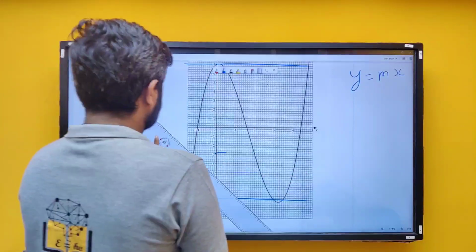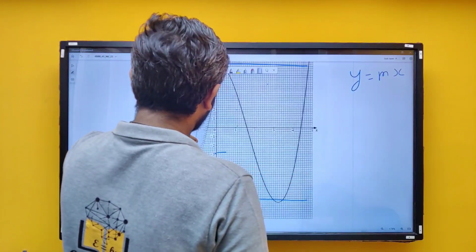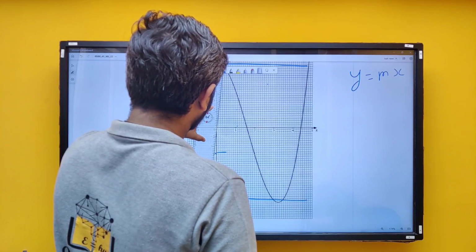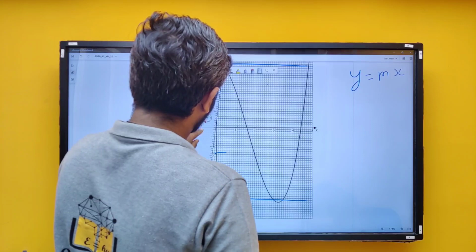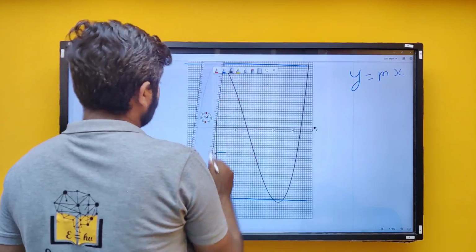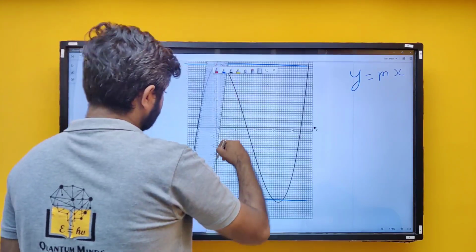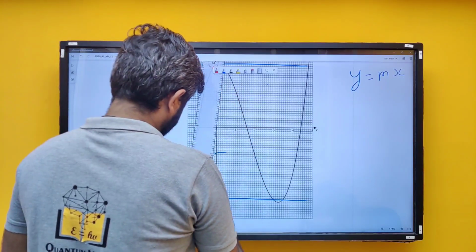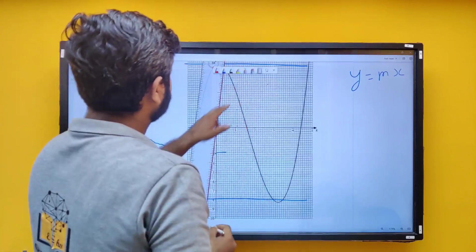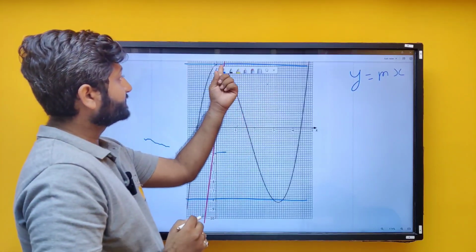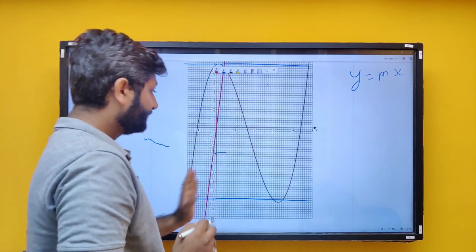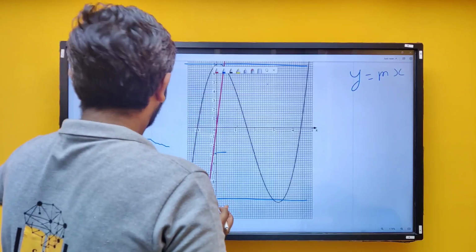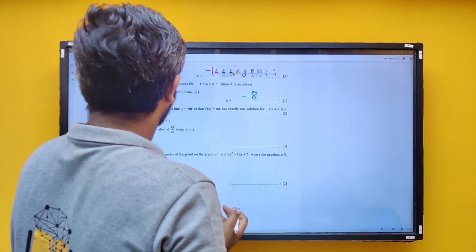Let me draw a line with one solution that passes through the origin. Right, this is my line, y equals mx. See, it intersects at only one point and it is passing through the origin.